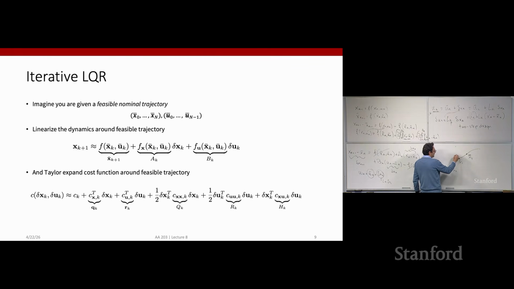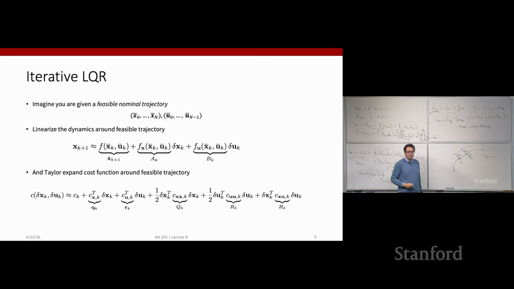So before, say that for some reason you ended up at x1, you wanted to compute a control that was bringing you back to the nominal trajectory in terms of the variables delta x. Now, what you actually want to do is to find controls that shift these waypoints away by a quantity delta x1, a quantity delta x2, such that now you have a new trajectory with a cost C2 that, when compared to cost C1, is lower.